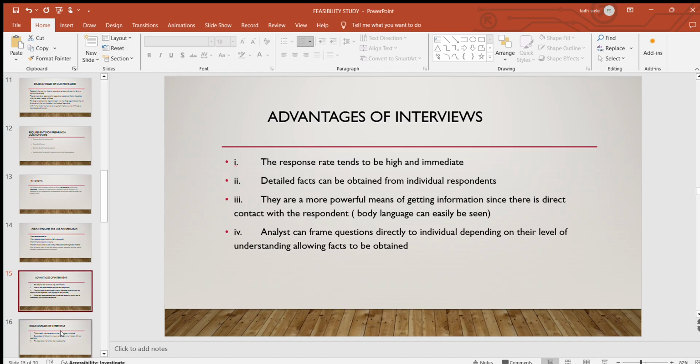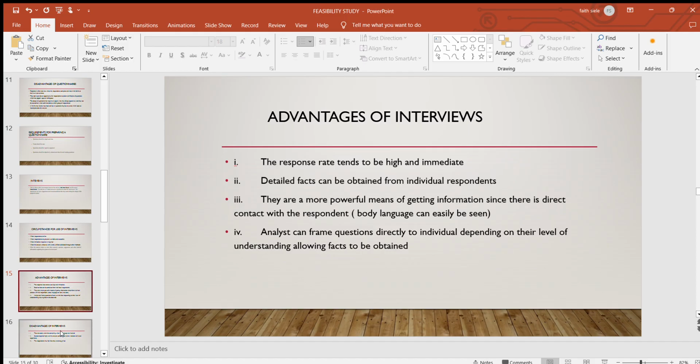That is because you are having that face-to-face conversation between the interviewer and interviewee. And then detailed facts can be obtained from individual respondents.